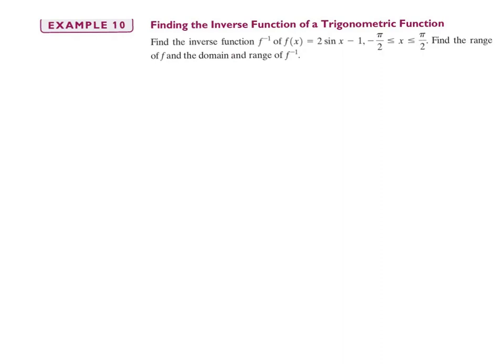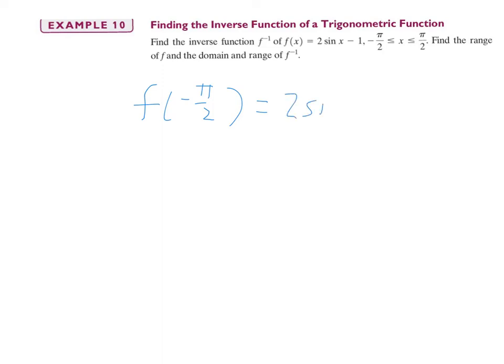So for example 10, you're asked to find the inverse function of f of x equals 2 sine of x minus 1. We limit the domain from negative pi over 2 to pi over 2. If we plug in negative pi over 2, the left endpoint of the domain, let's figure out what the corresponding y value is.